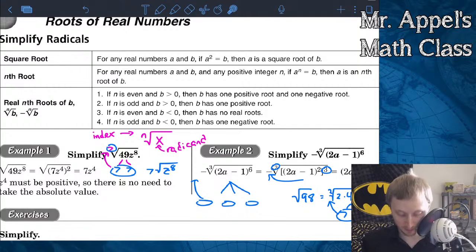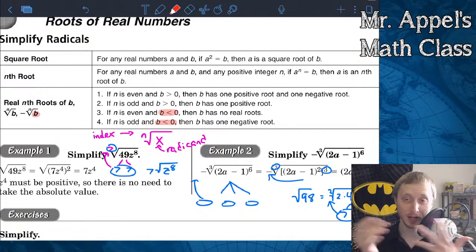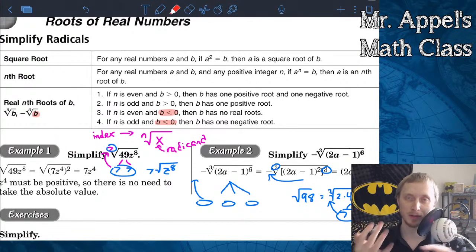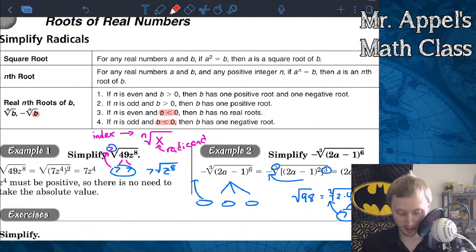Right? If b is less than 0, I like that, right? B, that is to say, the radicand inside the radical, if that is negative, right, then you can get positive or negative roots. But of course, every even pair, right, when n is even, you get no real roots, right?